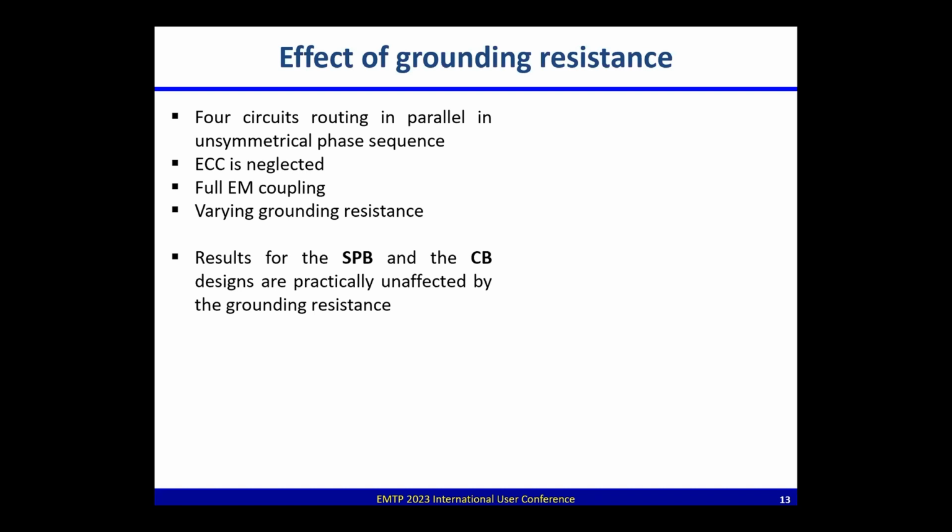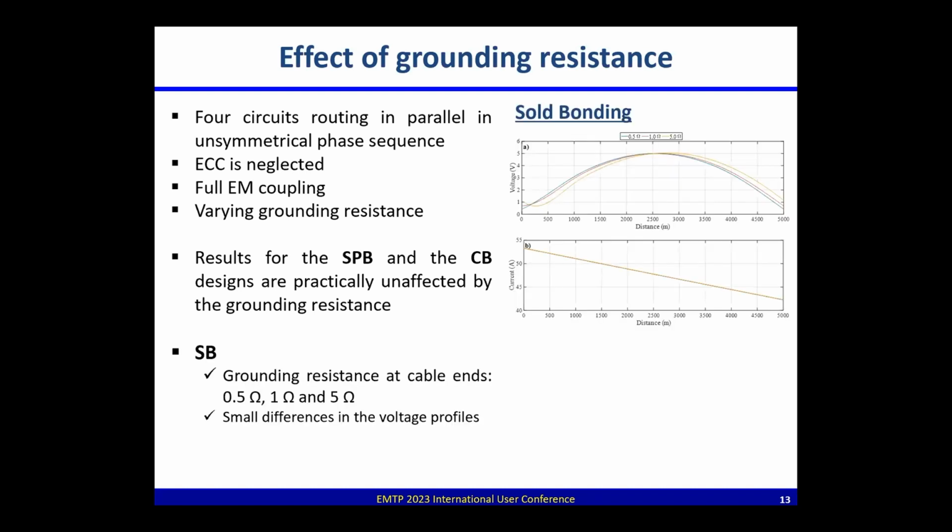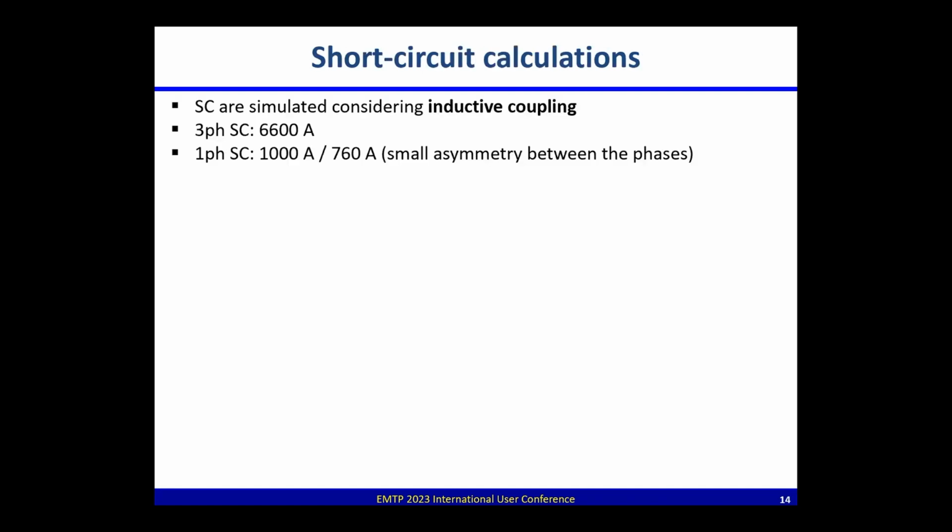This is as expected because of the symmetry in our arrangement. But for the solid bonding case, we can see some small differences in the recorded voltages, but for the currents, the differences are negligible. So these were our preliminary results about the normal operating conditions.